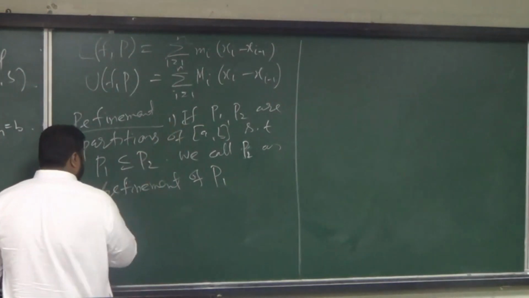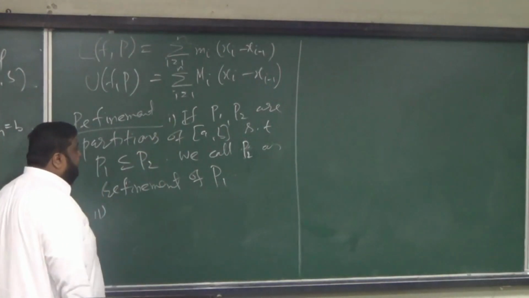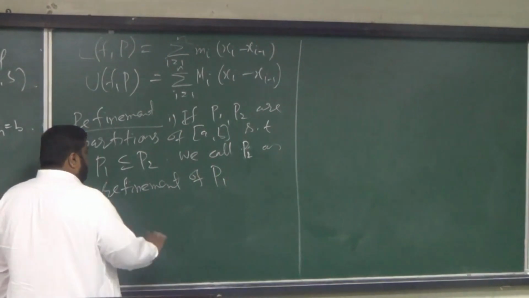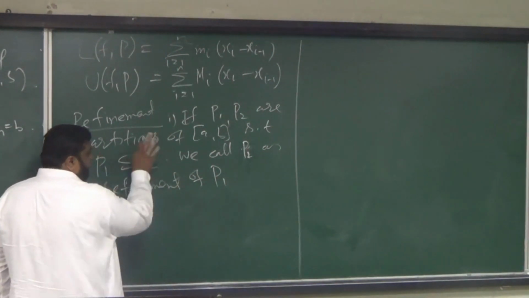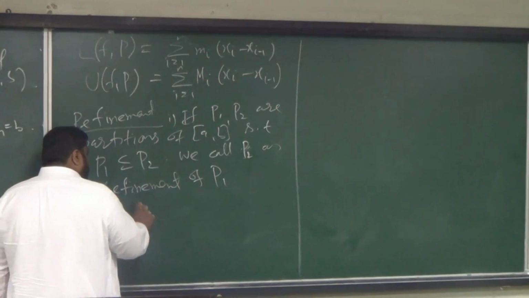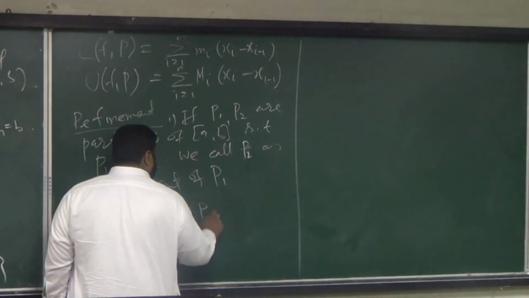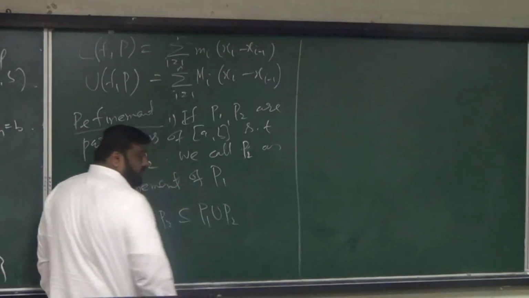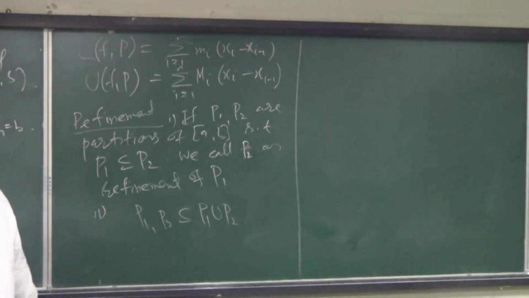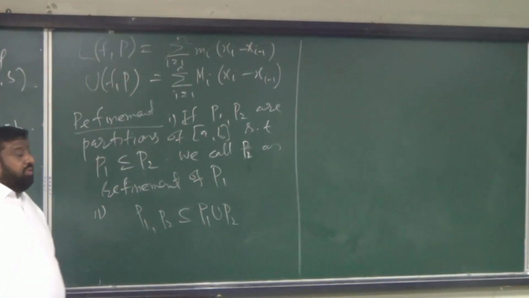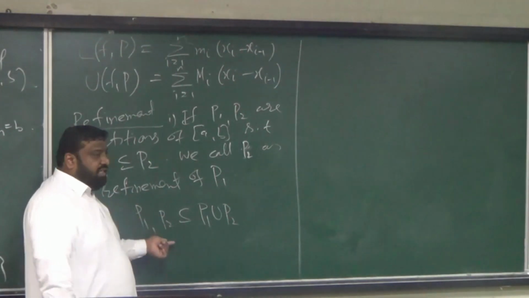So that's one definition. The second definition that I'd like to write is that imagine I have two partitions, then we know that P1 and P2 are both contained in P1 union P2. Isn't it? Imagine if I just take the union of both partitions. But it's not necessary that P1 is contained in P2.